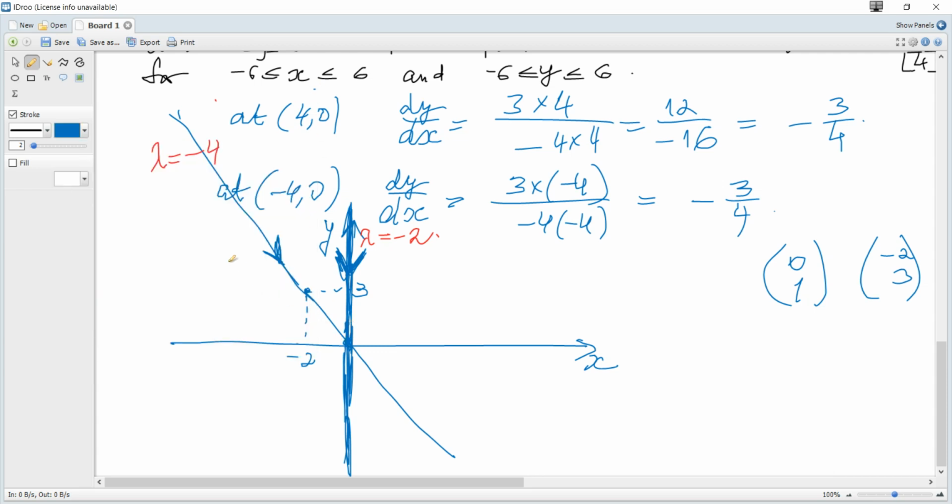And what does it mean? Far away, and actually we need up to -6 to 6, it starts parallel to this vector and turns around and goes to the origin.